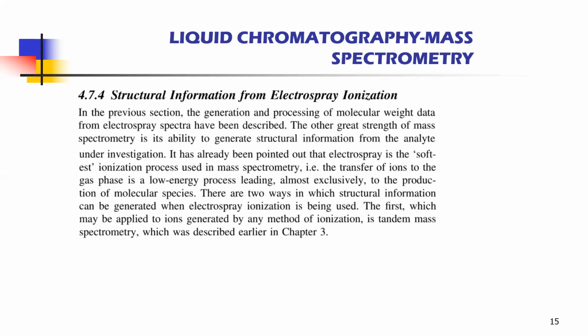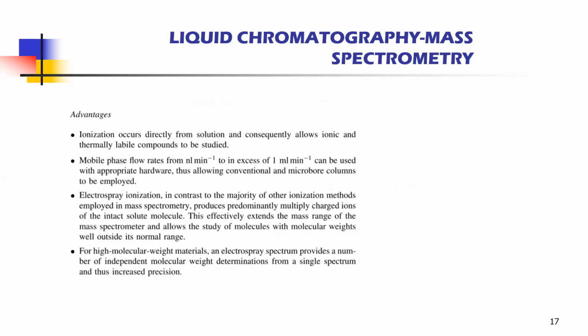We have already discussed how tandem mass spectrometry works, and that can help us predict structural information from electrospray ionization. The advantage of electrospray ionization is that ionization occurs directly from solution, and consequently allows ionic and thermally labile compounds to be studied.